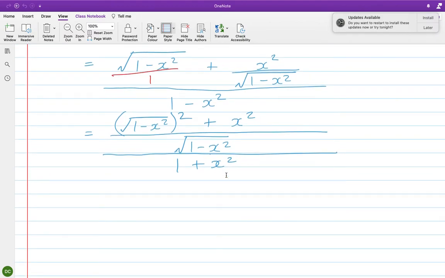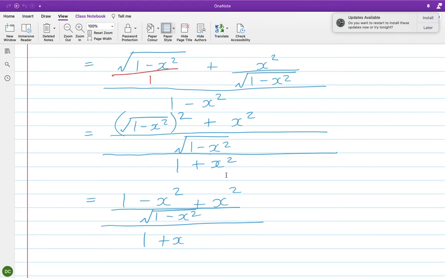Okay. So the square root and the square cancel. So I have 1 minus x squared plus x squared over the square root of 1 minus x squared, and that's all over 1 plus x squared. Okay, so they cancel.